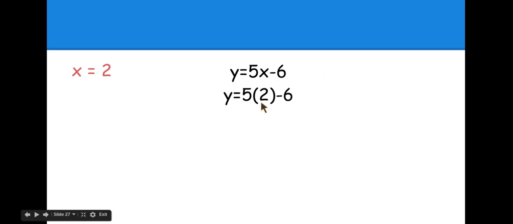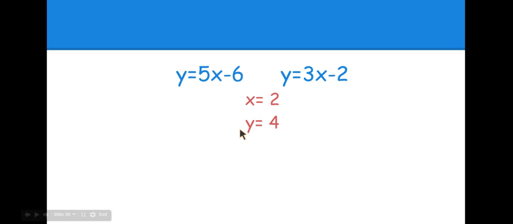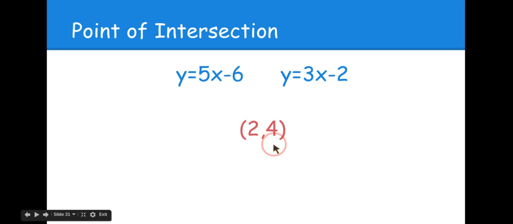So 5 times 2 is equal to 10. Now we're going to subtract 6, which is equal to 4. So that means y is equal to 4. And we've got our point of intersection. The x is equal to 2, y is equal to 4. So we've got 2, 4 as the point of intersection of these two lines.